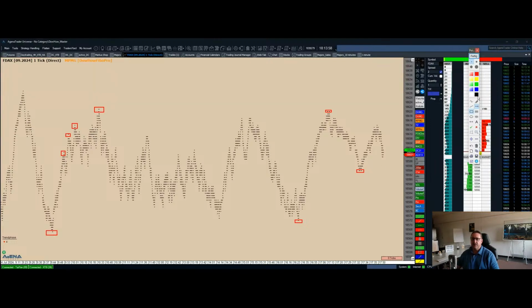And at the end, you can see, okay, it's a move, it's a correction, it's a move, it's a correction, move and correction and move. You see, this is how the trend is developed, and not with an indicator.